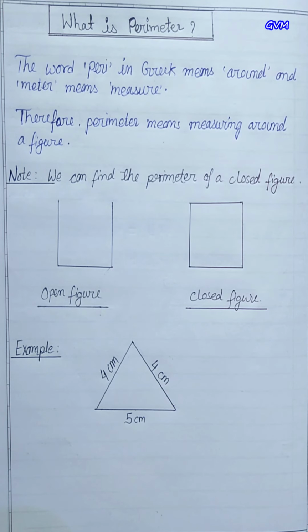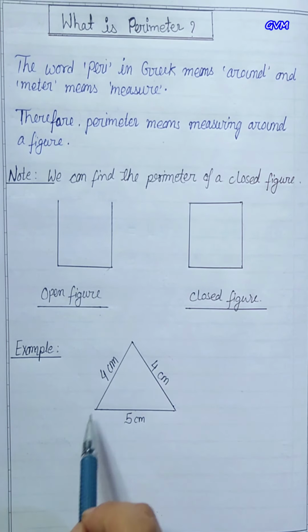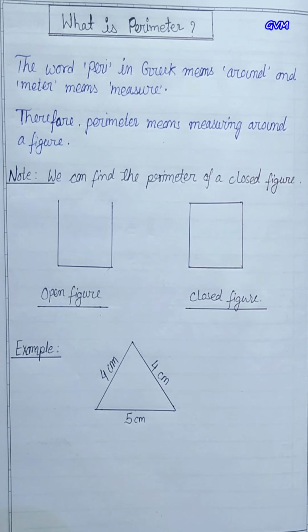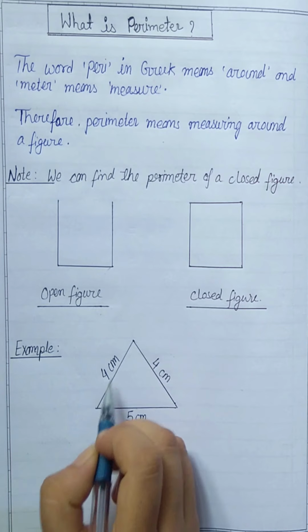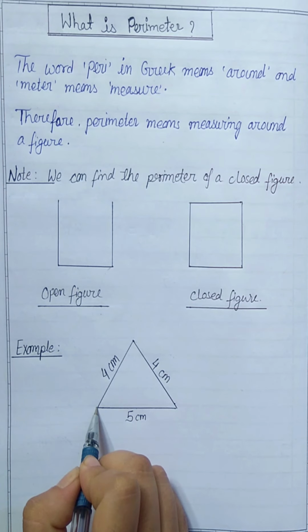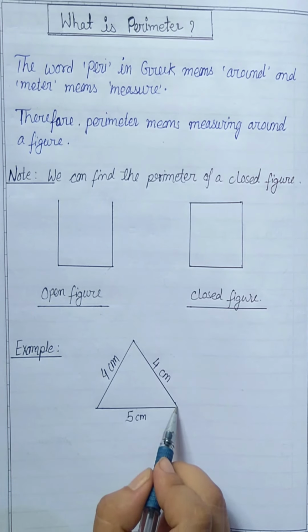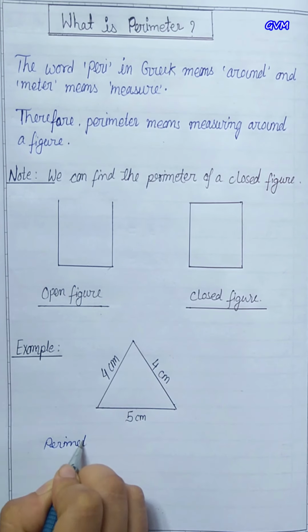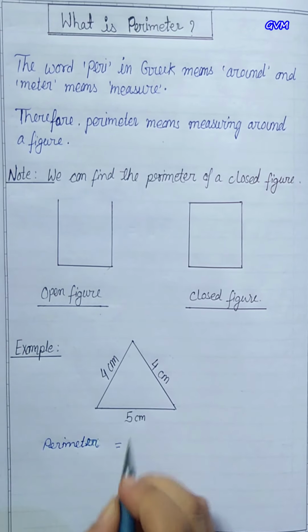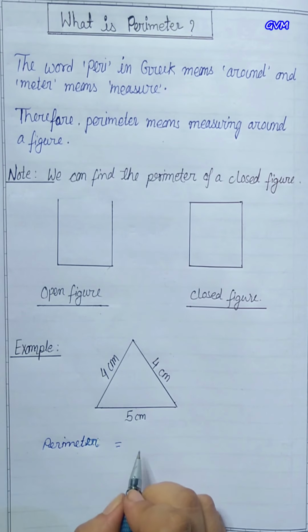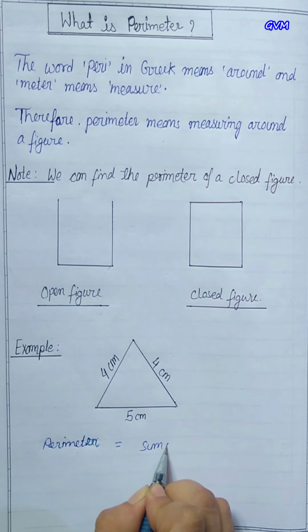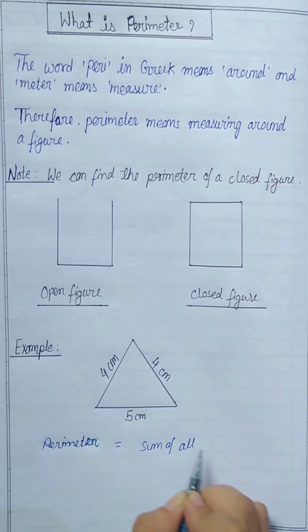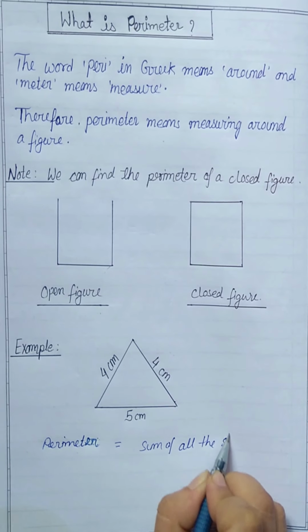Okay. Now for example, we have been given this figure. Now we need to find out the perimeter. So this boundary is of 4 centimeter, 4 centimeter, and this is 5 centimeter. So perimeter is equal to the sum of all the sides.